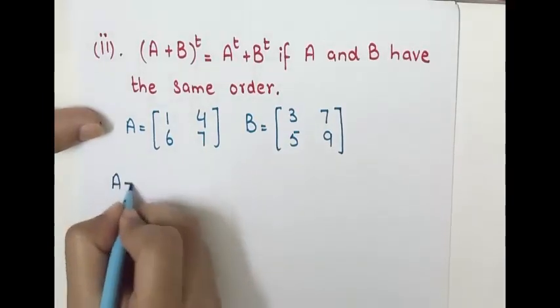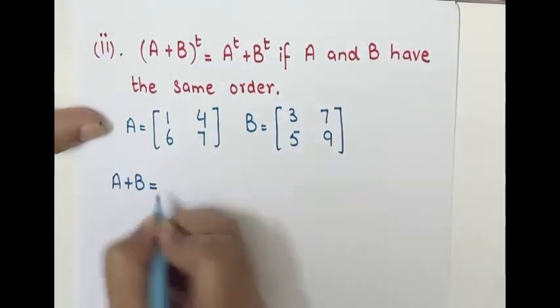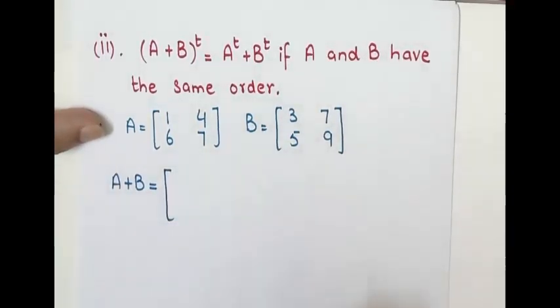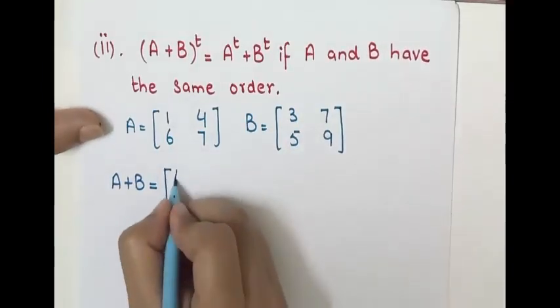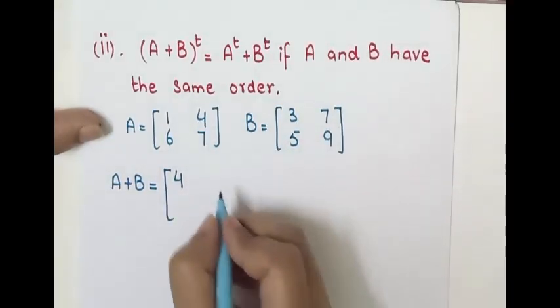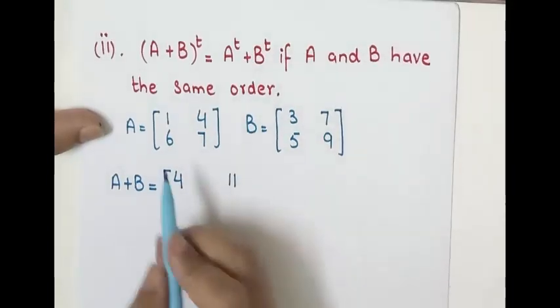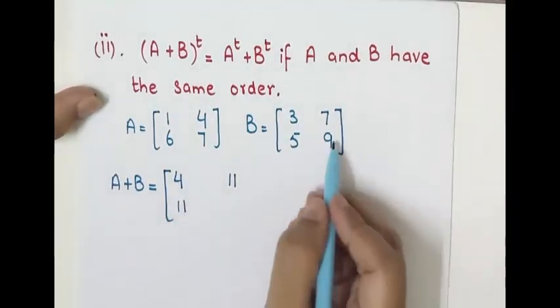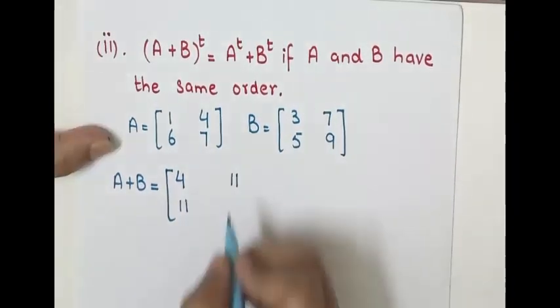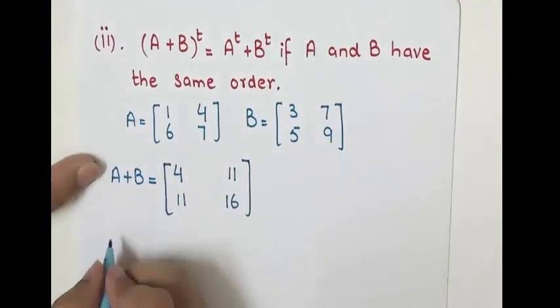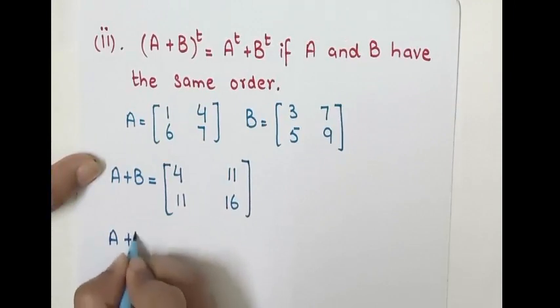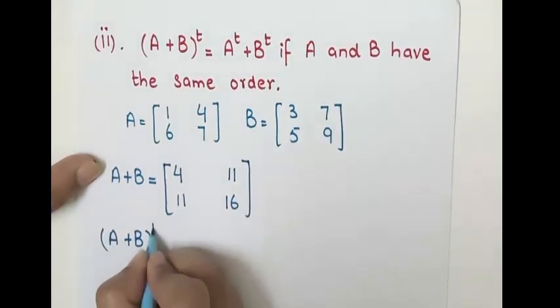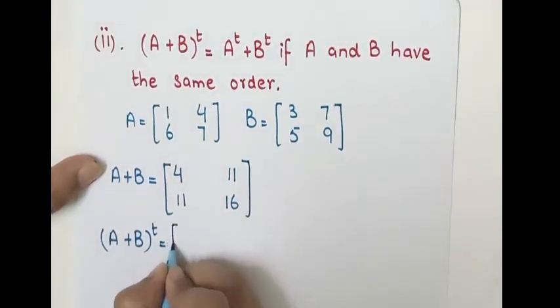So first we will add A plus B. This is equals to 1 plus 3 is 4, 4 plus 7, 11, 6 plus 5, 11, and 9 plus 7 is 16. So now we will take the transpose A plus B whole transpose.